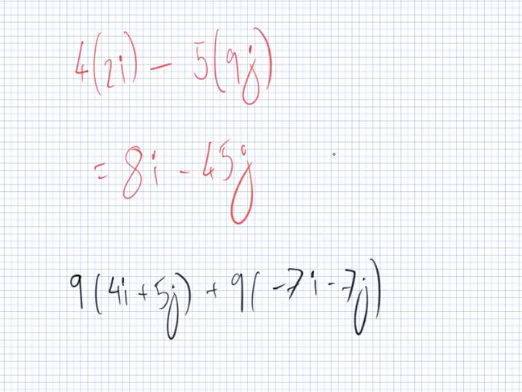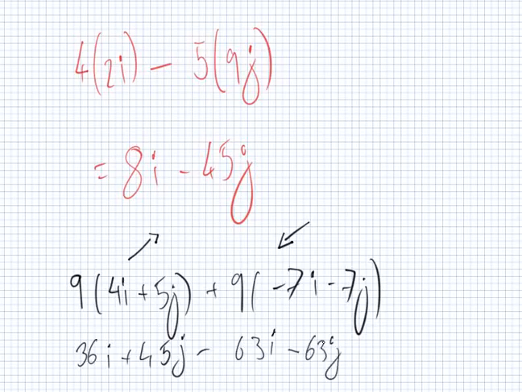So if you want to picture this, you have the vector 4, 5, and then you multiply it by 9. Then you have the vector minus 7, 7, and then you multiply it by 9. And then you add the two vectors together. So the first one will be 36i plus 45j minus 63i minus 63j.